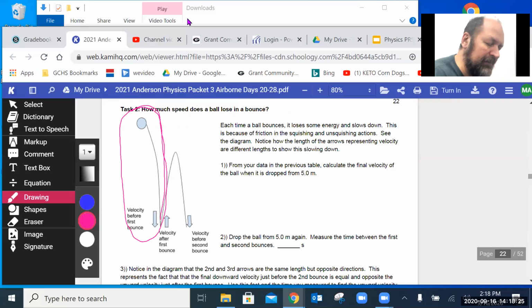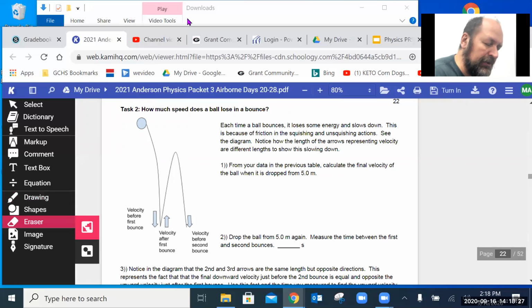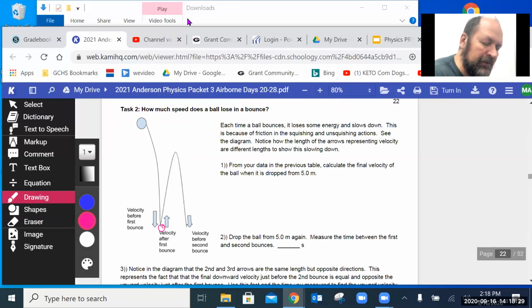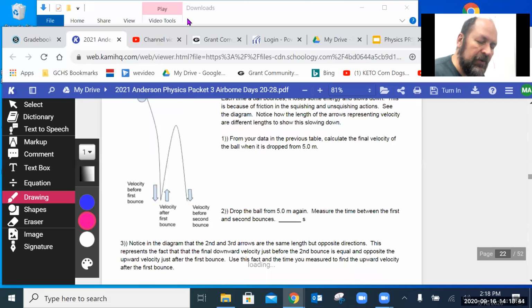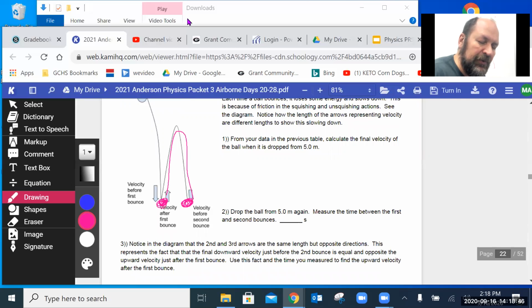For this task 2, you're going to do the timing from the first bounce to the second bounce when it goes in this path here. So that is what you're doing in step number 2.